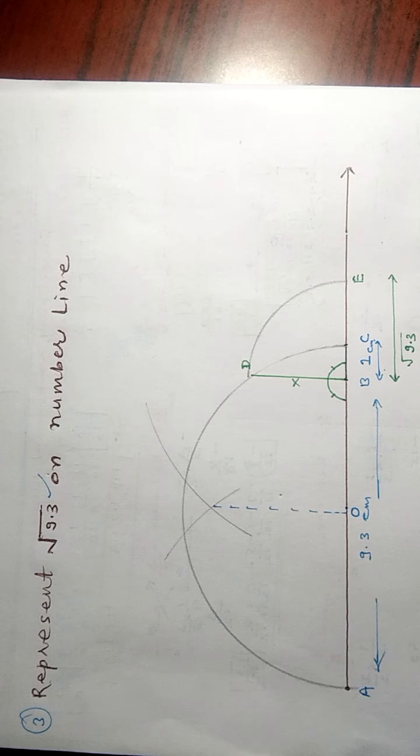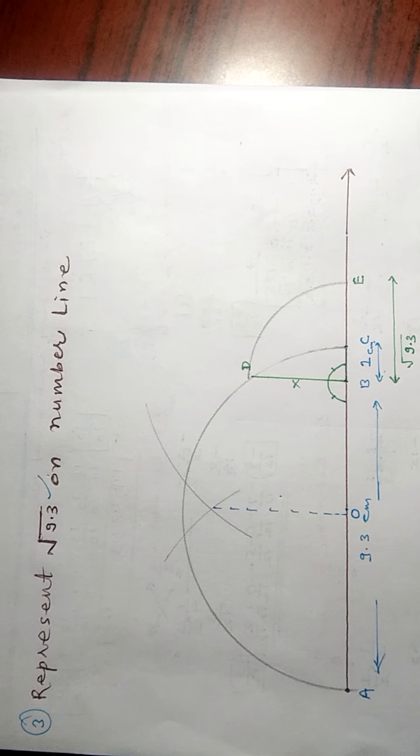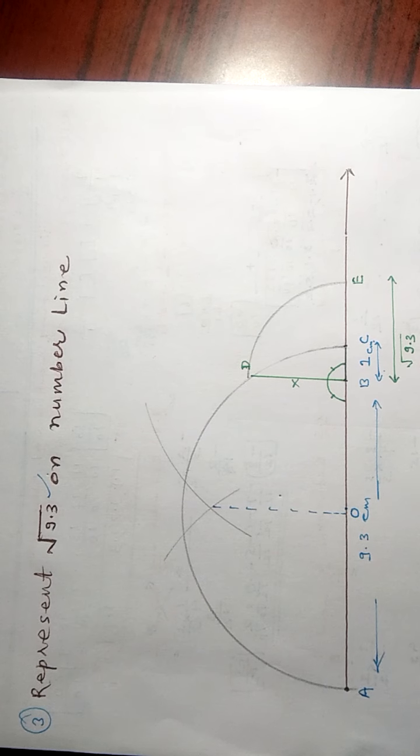So this is very easy. BD is equal to BE, represented by root 9.3. In this manner you can proceed further.